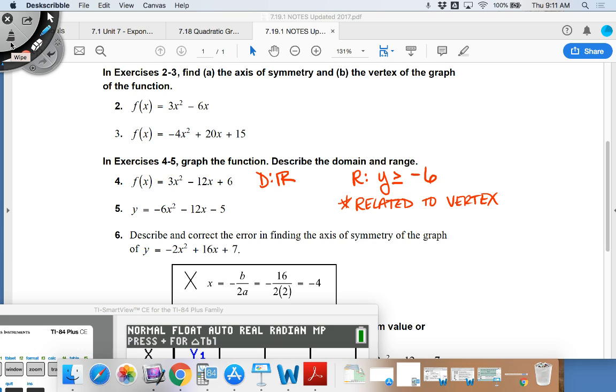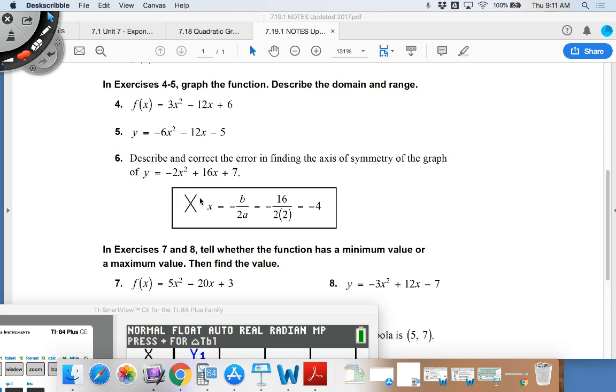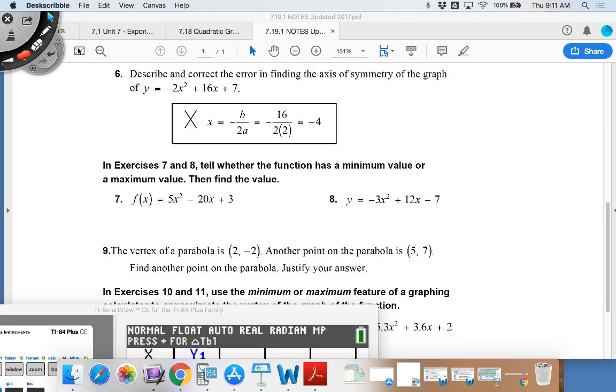We are going to look at number 6. These are the types of questions that I actually really like. They gave us a problem and they gave us an answer, and we have to find an error. Okay, so they said describe and correct the error in finding the axis of symmetry of this graph. So they did x equals -b over 2a. So did they use the right formula?